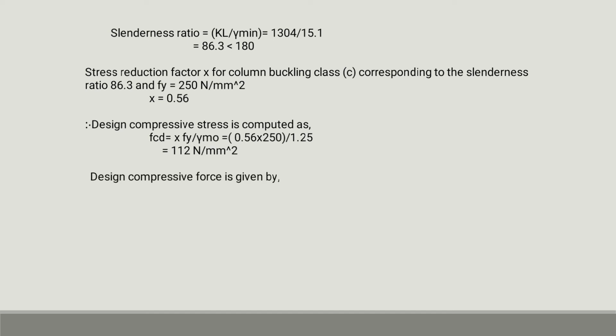Then design compressive force is given by Pd equal to A into fcd. This formula is also in our code book IS 800 2007, page number 35. So A into fcd: area we know is 1136 into fcd, which is 112, divided by 1000. We get the answer of 127 kilonewton, which is greater than 54.25 kilonewton. So hence safe. Now member DE.